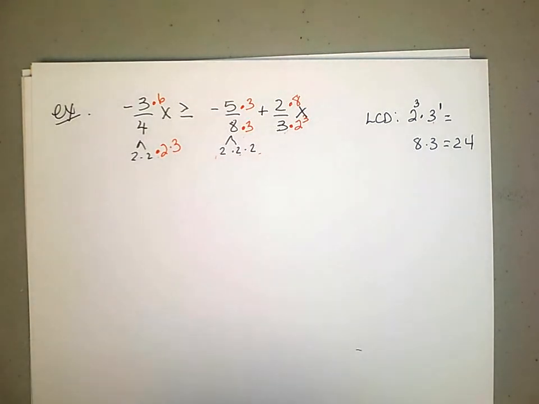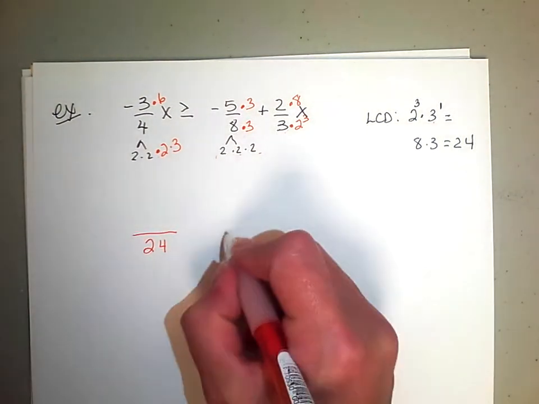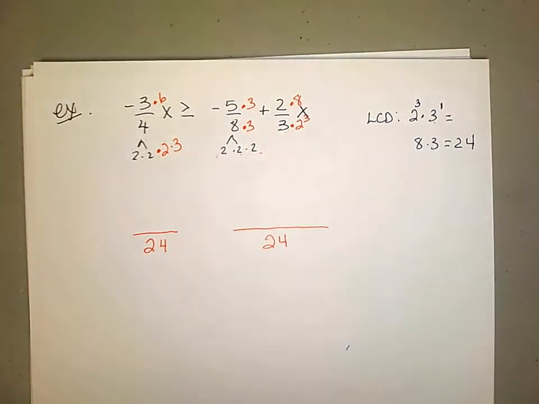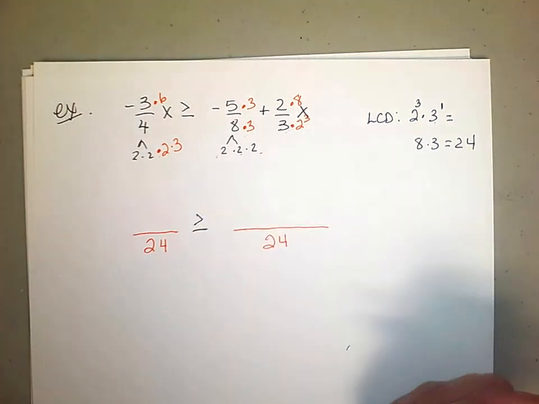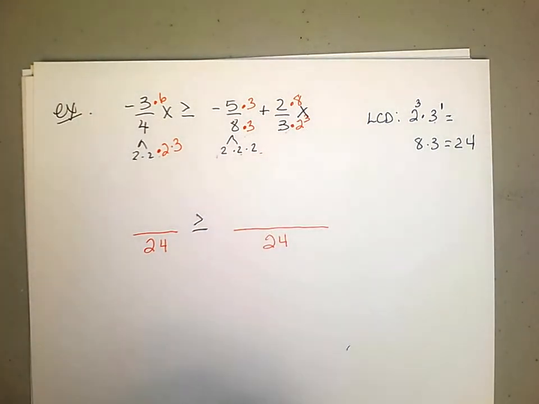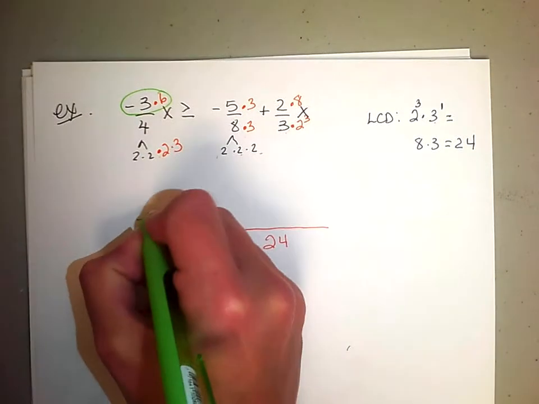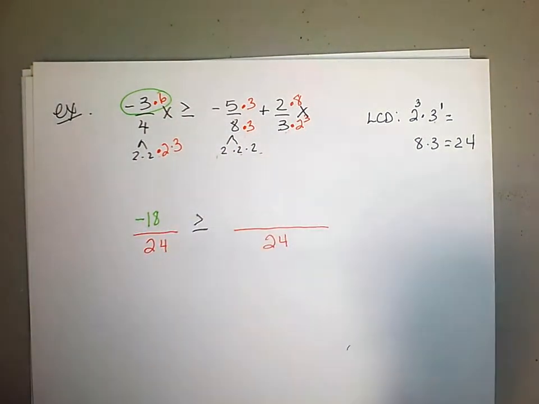So now let's write that. This side will be over 24, and let's write this side as over 24 as well. The greater than or equal sign will stay. Now 6 times negative 3 is negative 18, and we'll put the x.